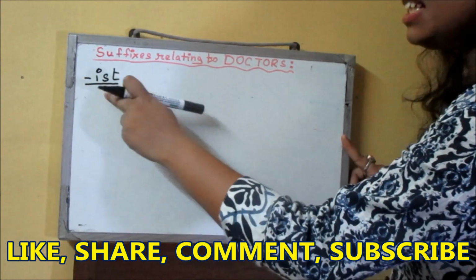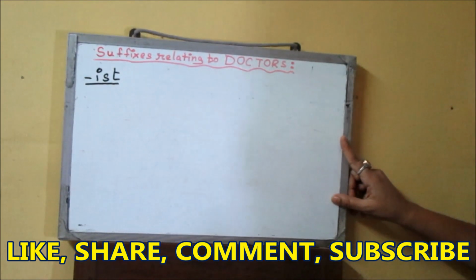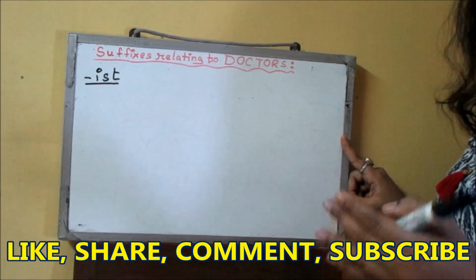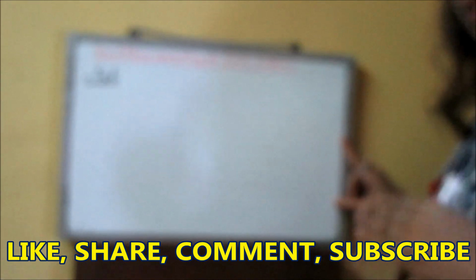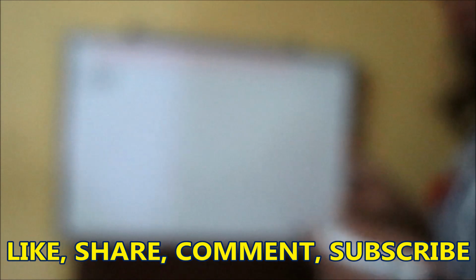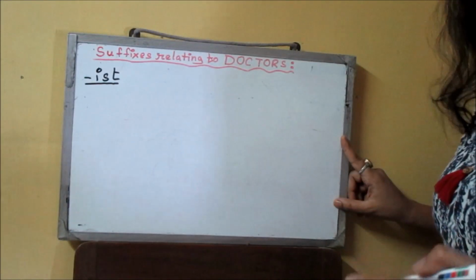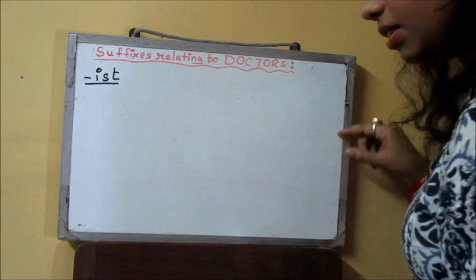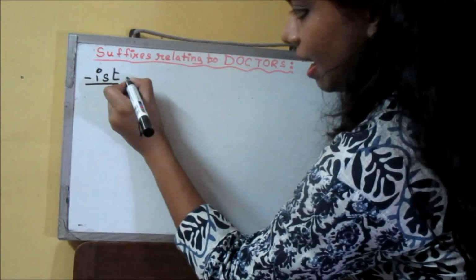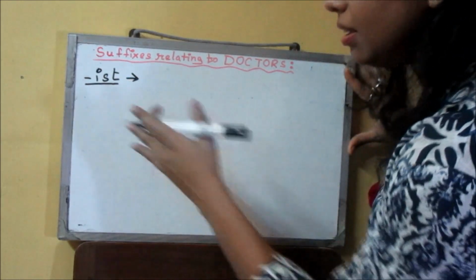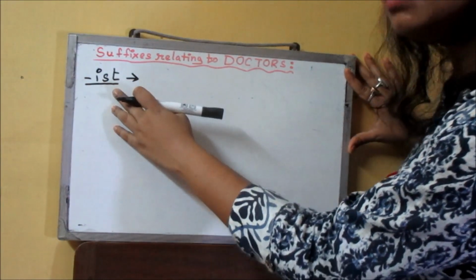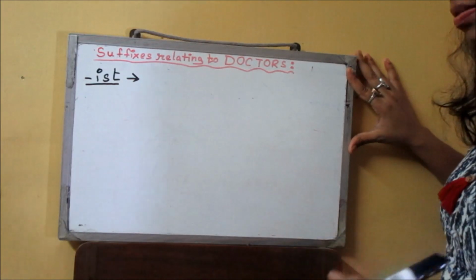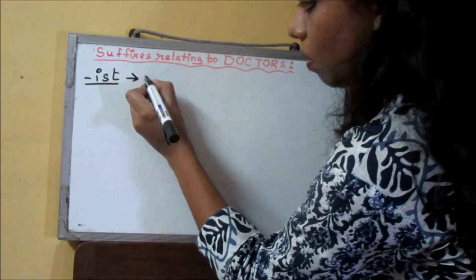So when IST comes at the end of a word, it generally refers to someone who is an expert in a particular field. For example, scientist. One who excels in science is a scientist.